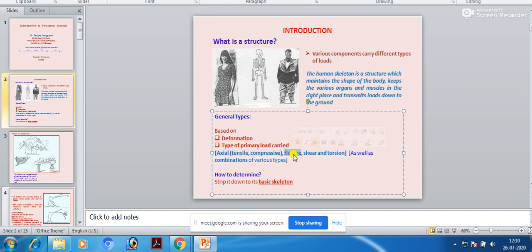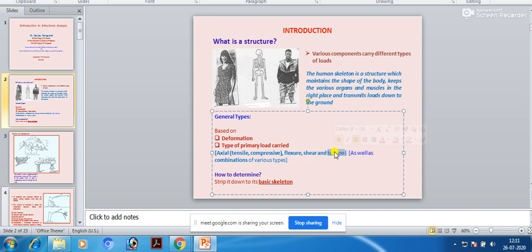Then flexure means bending, then shear and then torsion. All these things you have understood in your solid mechanics course. A structure will basically carry different types of primary loads, and it's not that only tensile, only compressive, only flexural, only shear, or only torsion will act on it. It may be a combination of various types of loads, right?